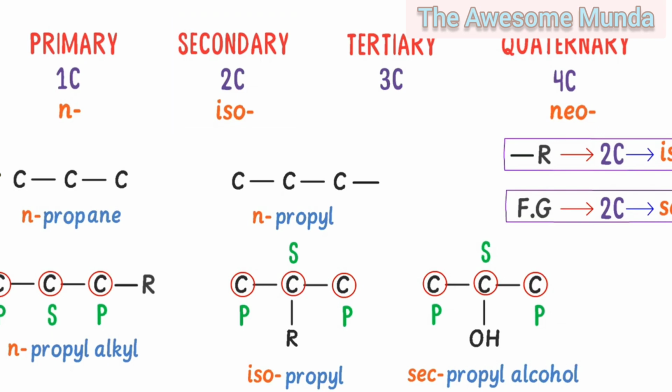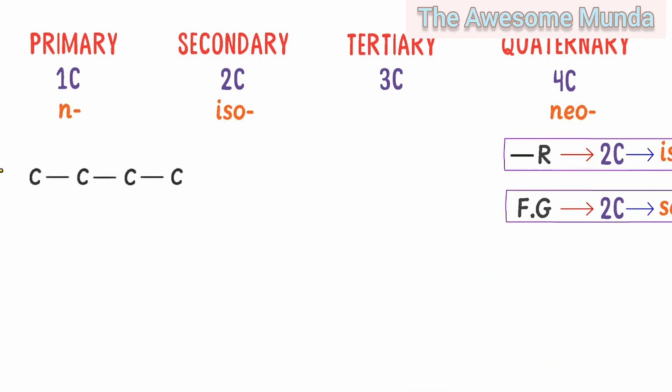Therefore, remember that if alkyl group like methyl is bonded to second carbon or secondary carbon, we use iso. Secondly, a functional group like OH is bonded to second carbon or secondary carbon, we use secondary. Now consider this organic compound. There are 4 carbons present in this organic compound having single bonds.